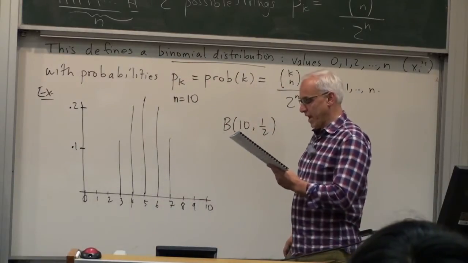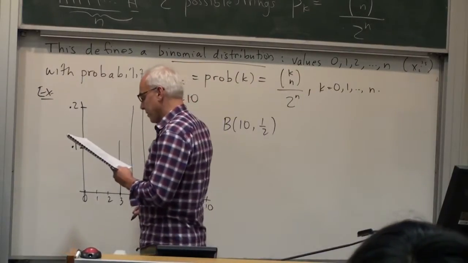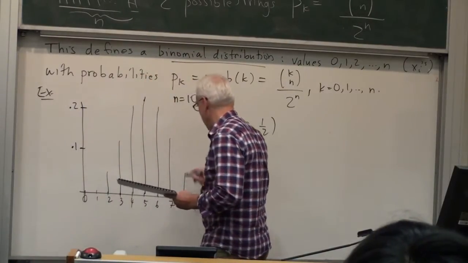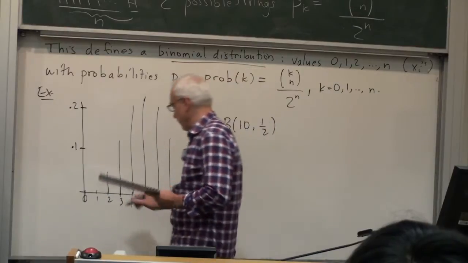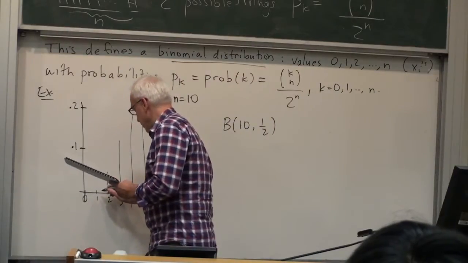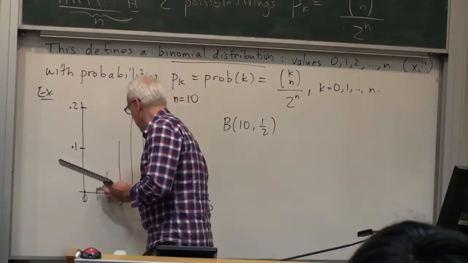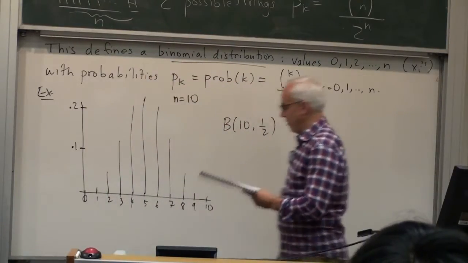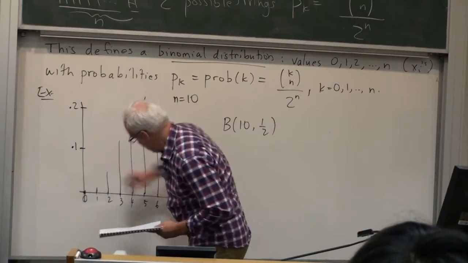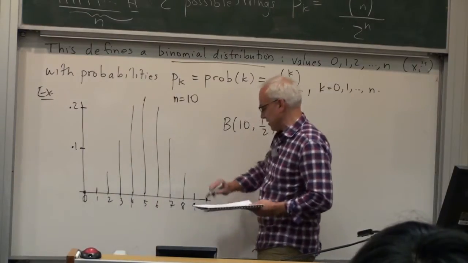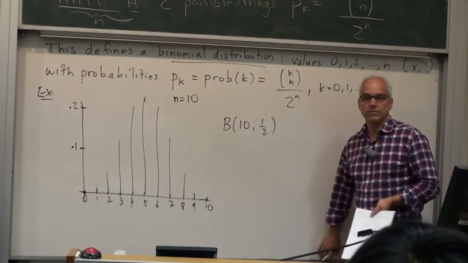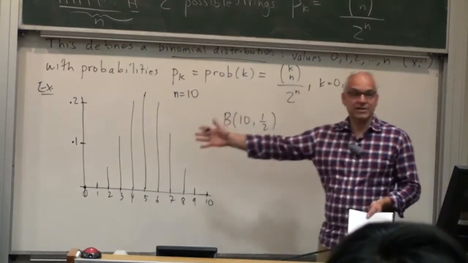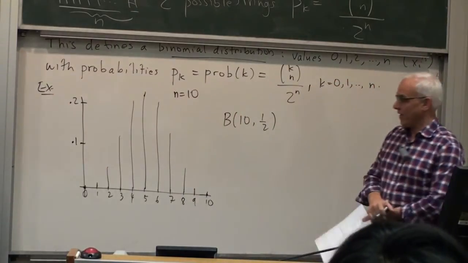The probabilities of 2 and 8 are about half of that. And the probability of 9 and 1 is about like this. And the probability of getting 0 or 10 is almost invisible on this graph. All right. So these heights are telling you what the various probabilities are.